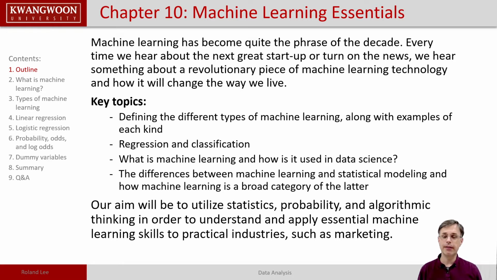So our goal is to utilize the statistics we learned until now, the probability we learned until now, and algorithmic thinking as well, in order to understand and apply essential machine learning skills to practical industries and practical examples, like in the case of marketing.